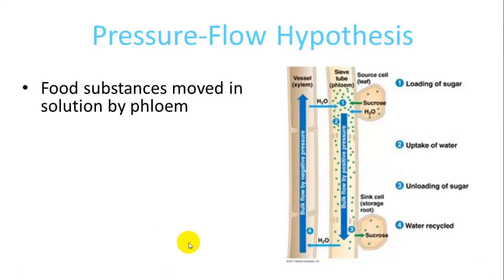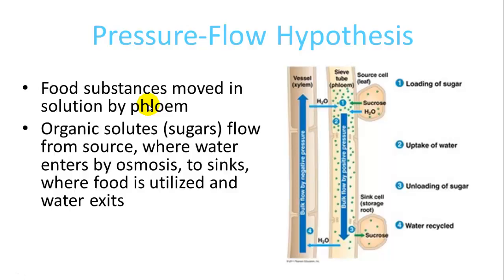So the movement of water occurs through transpiration. The movement of sugars or organic things occurs through a process called the pressure flow hypothesis. So what happens is organic solutes, and we'll just refer to them as sugars, flow from the source to sinks.